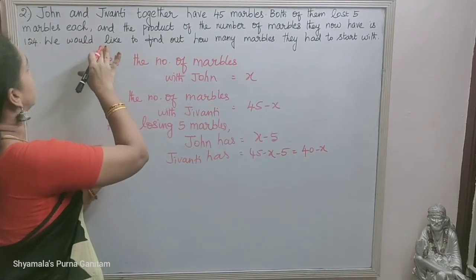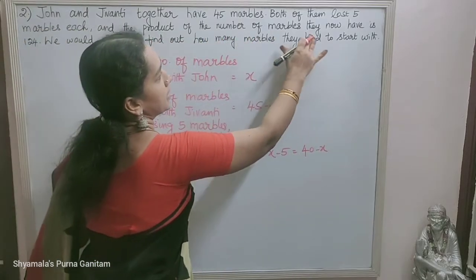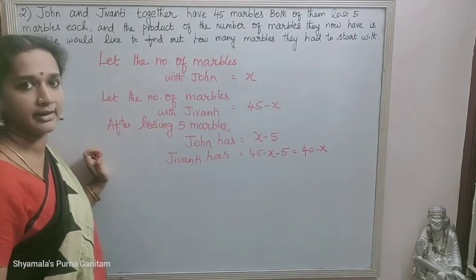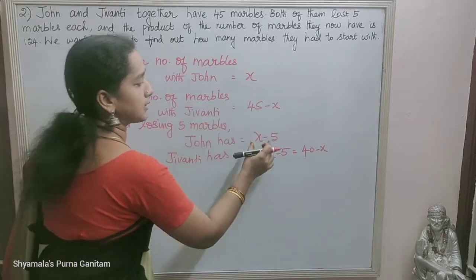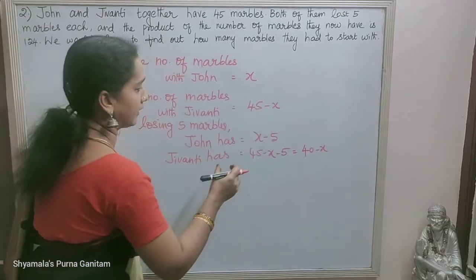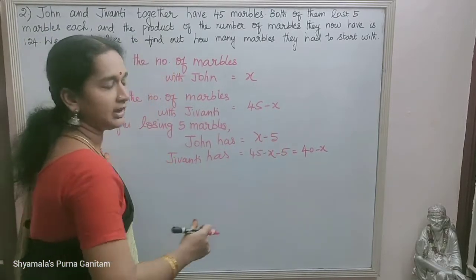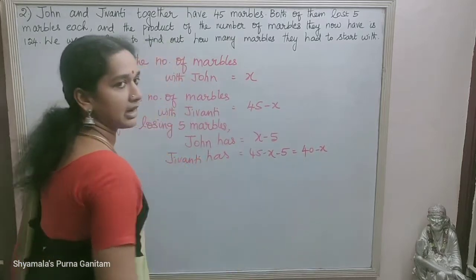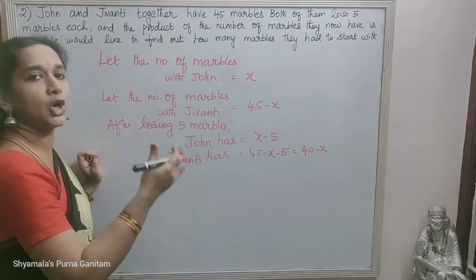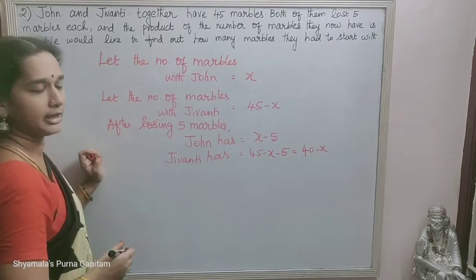The next one is, the product of the number of marbles they have is 124. Now what is the number of marbles they have? John has x minus 5 and Jeevanti has 40 minus x. So the product of both these is 124.